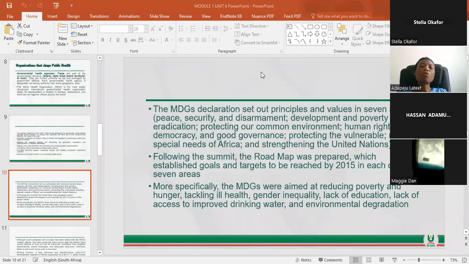But of course, we know that after 2015, the areas that were supposed to be achieved during the Millennium Development Goals actually, to an extent, received good progress.